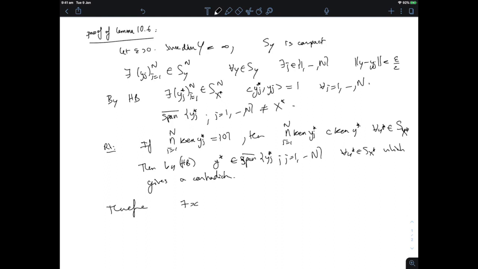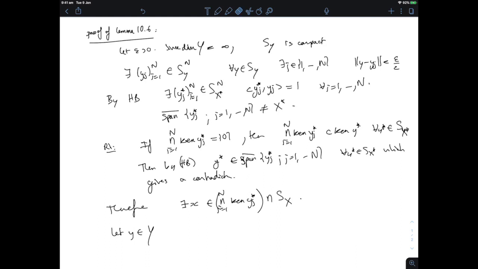So there exists an x, non-zero, in the intersection of all these kernels, and I can renormalize it and so make it in the intersection of these kernels intersected with the unit sphere of X. And now that x is going to give me the appropriate direction. So now I'm going to pick a y in capital Y that has norm 1, let's say.